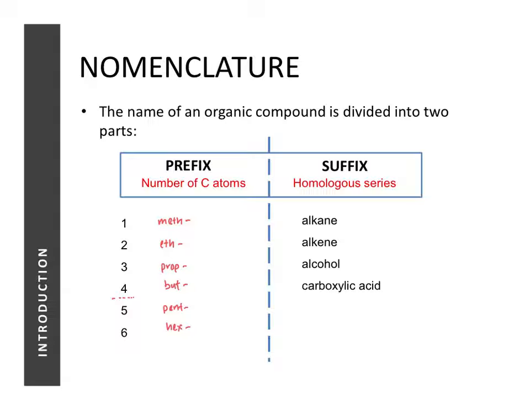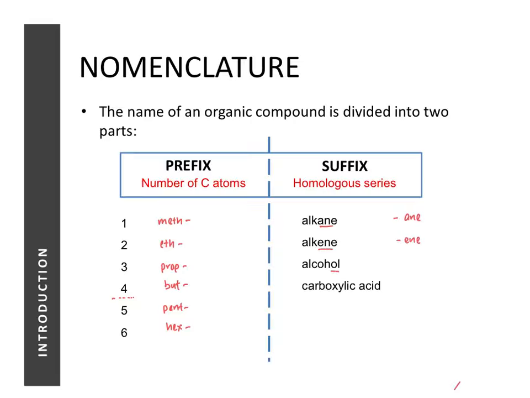Now for the suffix, the back part of the name, it tells you the homologous series. If the compound is an alkane, the later part of the name will be ane. If the compound is an alkene, it will end with ene.